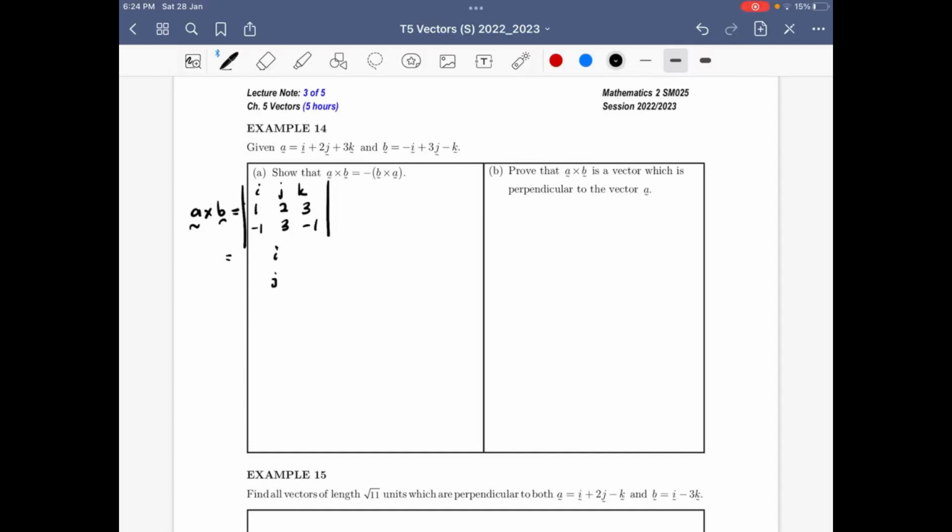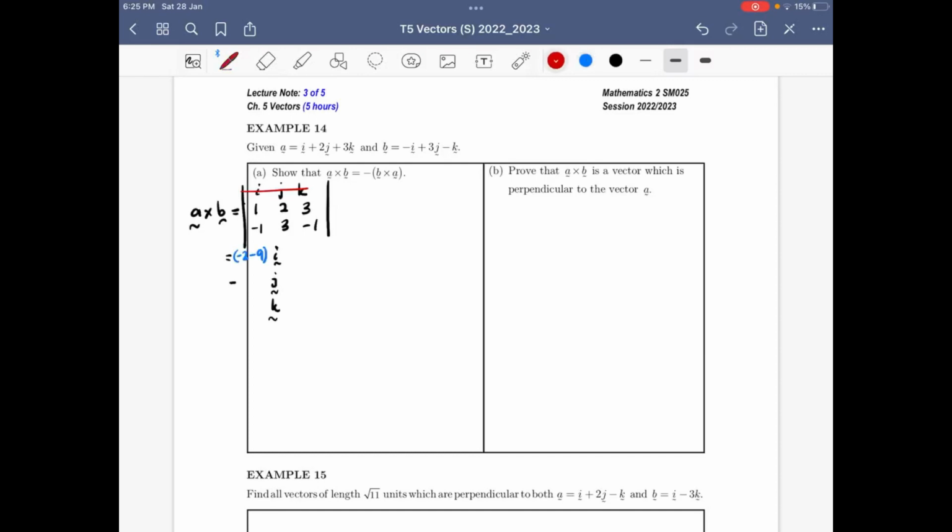i, j, k here, negative here. Okay, and then if we close i, then you get negative 2 minus 9, right? Negative 2 minus 9i.